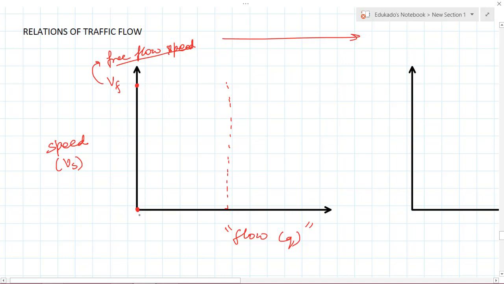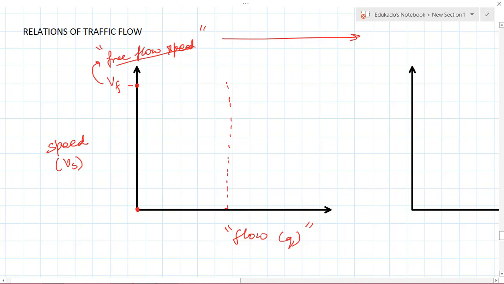So flow is 0 either because there is no vehicle, or there are so many vehicles that they cannot move. Because they cannot move, the speed is 0, and since there is no vehicle over there, they follow the free flow speed condition. Any vehicle can come and go at the recommended speed with no restriction at all.